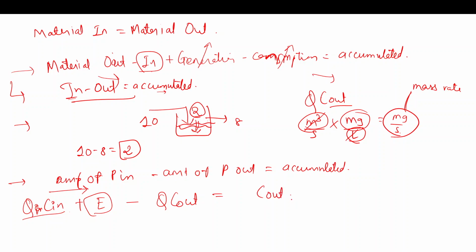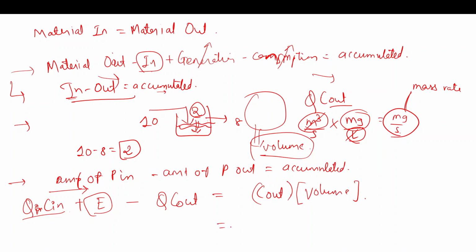And accumulation is obviously there will be some concentration. Here it is not flowing, because there will be a bulk mass. For that you need the volume of water which is present in the lake. Can you tell me how we can find the volume of water present in the lake? There needs to be one term, volume, here. Area we have been given, so from area we can calculate the volume.